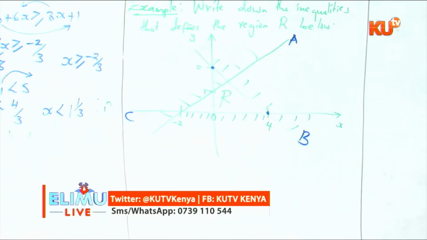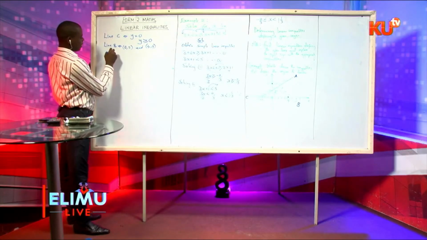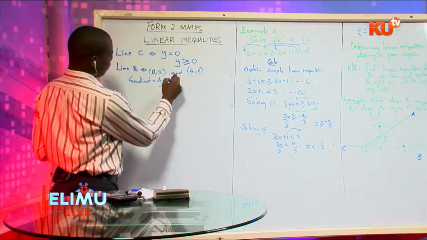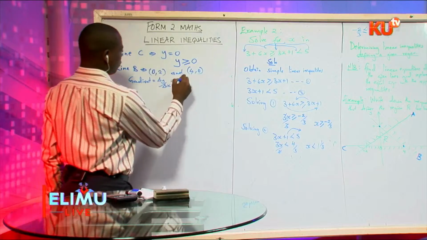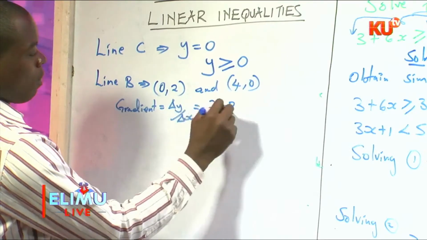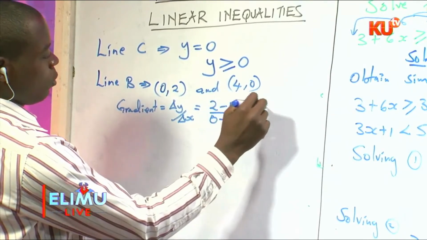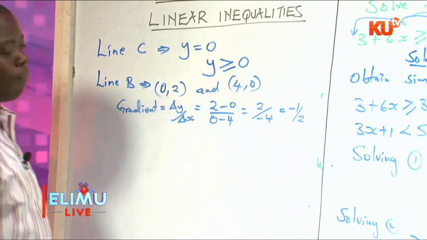The gradient is given by the change in y over the change in x. So what will it be? 2 less 0 over 0 less 4. That is 2 over negative 4, and the solution is negative a half.